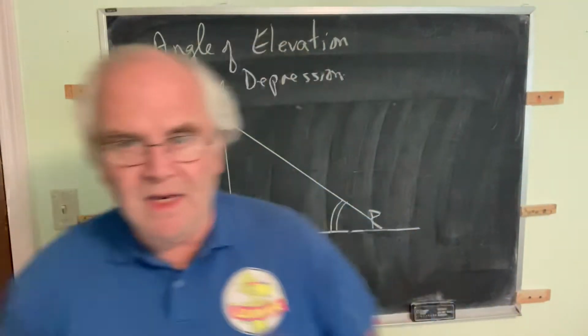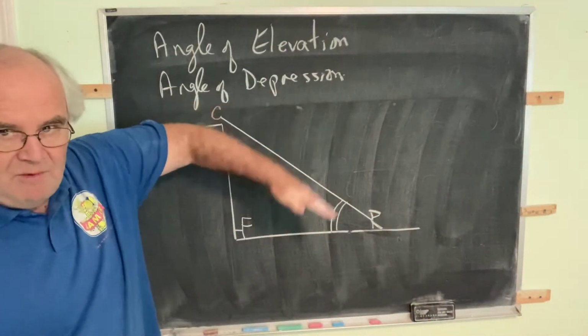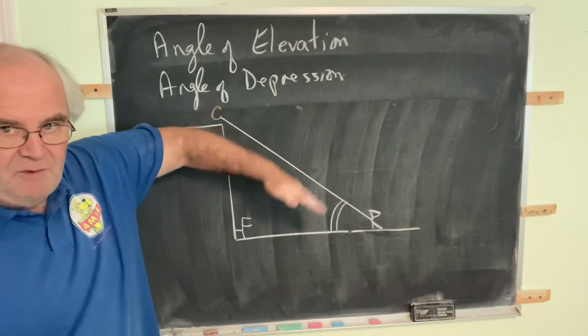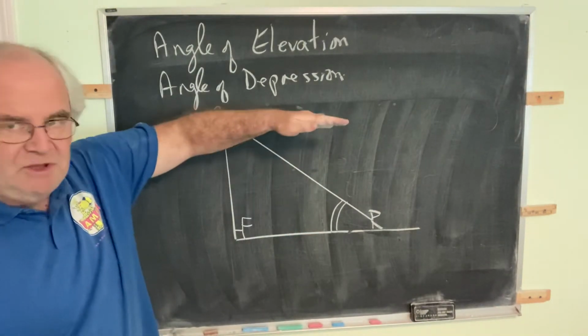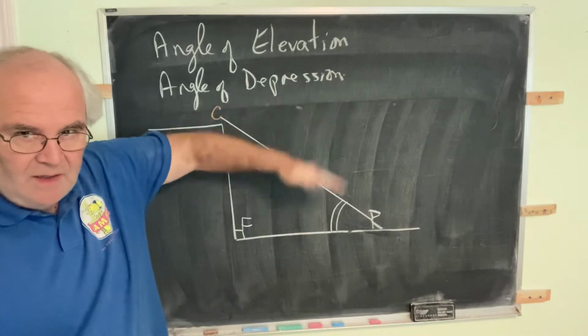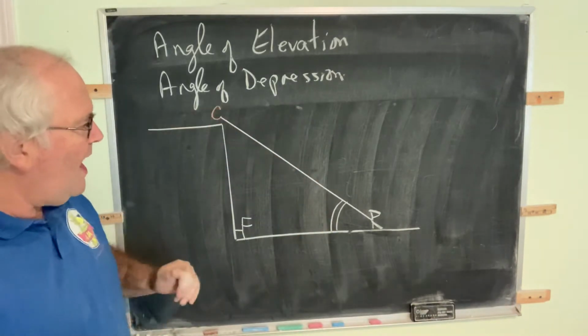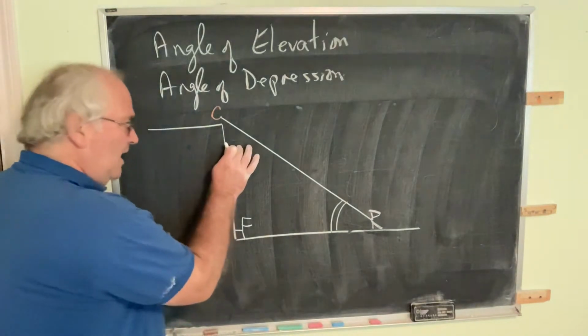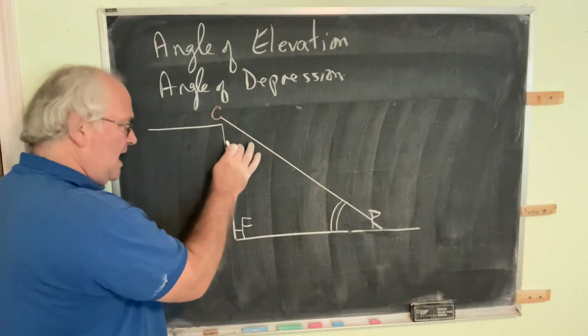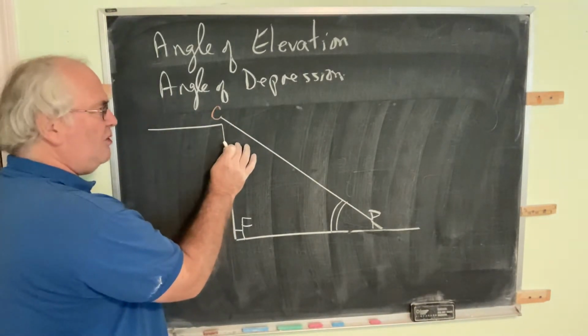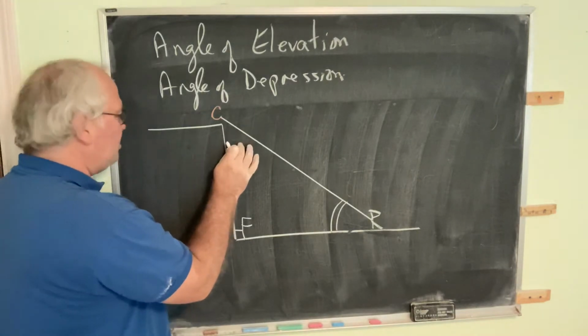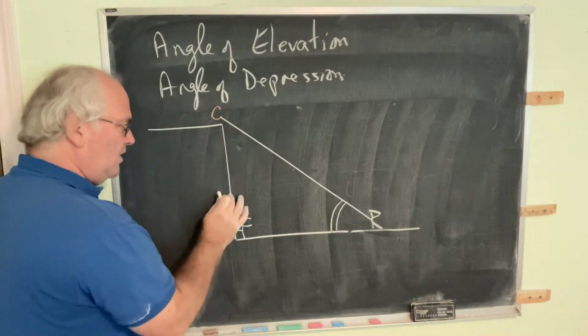The coyote has an angle of depression. Depression means you're looking down, right? However, this angle is not the angle of depression, because the angle of depression is never measured against the vertical.